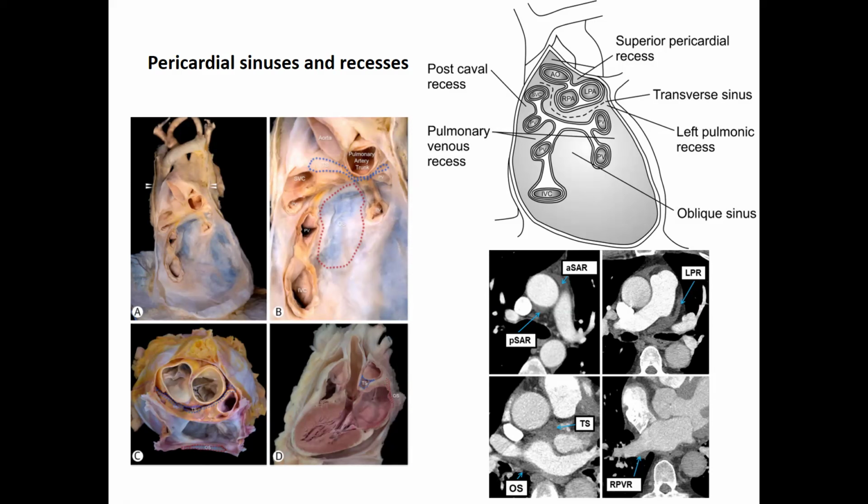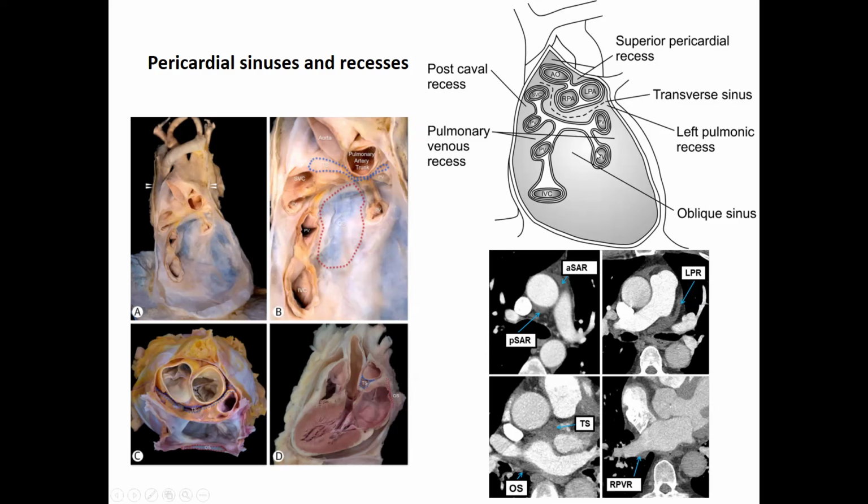Anteriorly, it's between the aorta and the pulmonary artery, and the SVC posteriorly. It's an important anatomical landmark, especially for cardiac surgeons, where they can clamp the aorta and access it here.